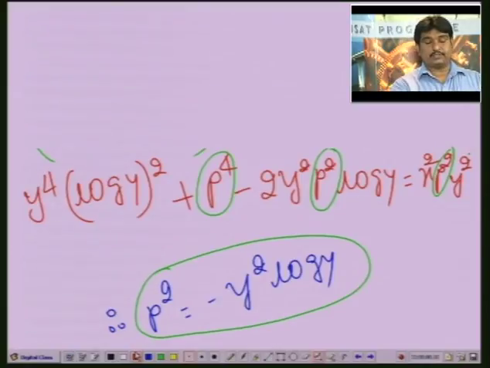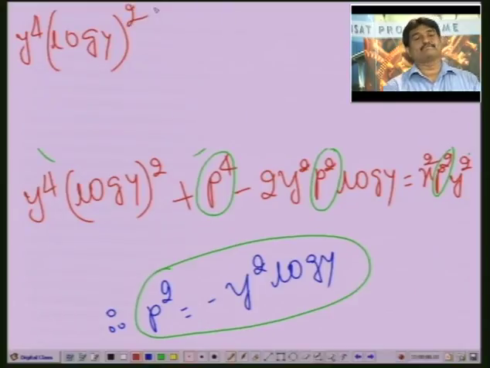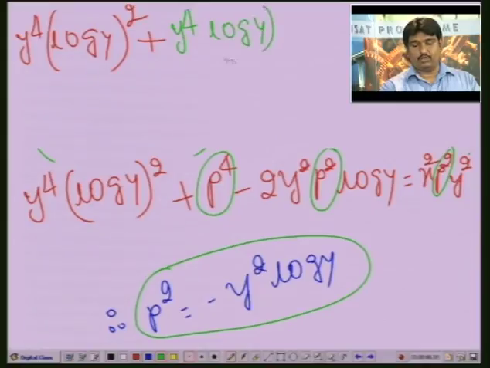First term as it is, y to the power of 4 into log y the whole square, plus, now in place of p to the power of 4, since p square is minus y square log y, p to the power of 4 is y to the power of 4 into log y the whole square. Next, minus, I'll write this as it is, 2 y square.